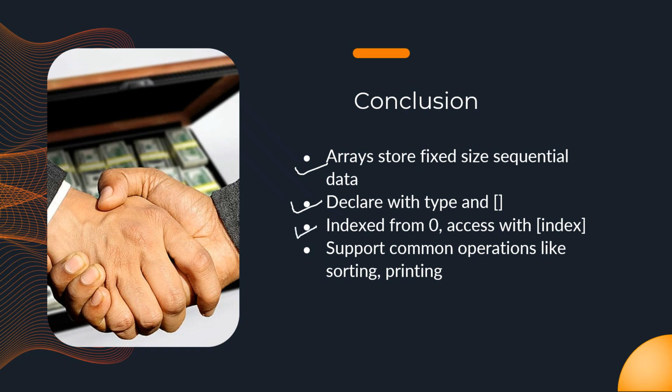Also, it is very important that the index of an array starts with 0, so the first element's index is always 0. Arrays support common operations like sorting and printing, and we can get the length by using the length method. We have seen different methods and examples of arrays. Now we are going to end our session.